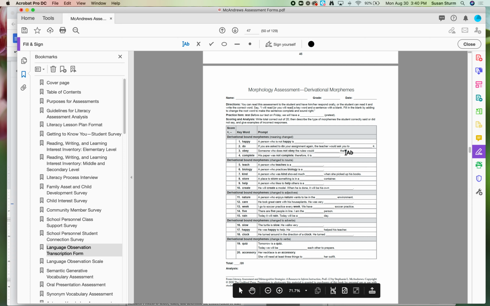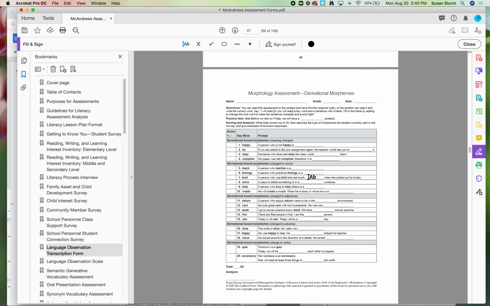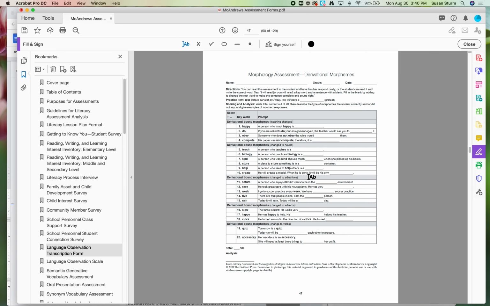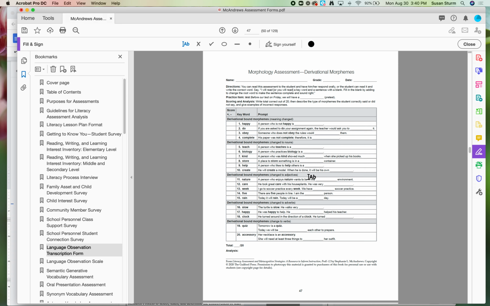Okay, and so this one would only be appropriate if you've got a more advanced student. Probably most of you will not be giving this assessment. That is all the assessments that fall under the language development category that we're going to take a look at.